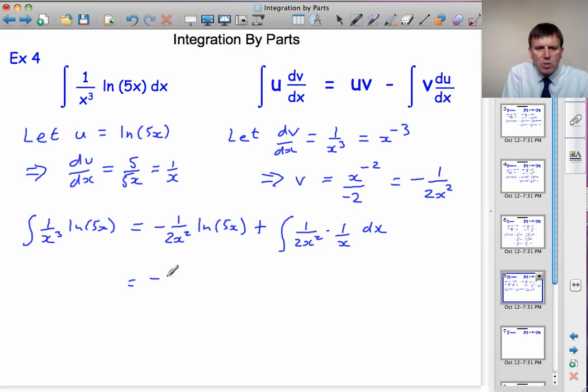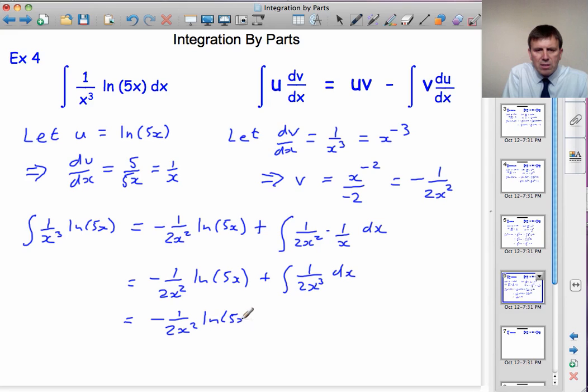It gives minus 1 over 2x squared log 5x plus the integral of 1 over 2x cubed dx. So that's the minus 1 over 2x squared log 5x.